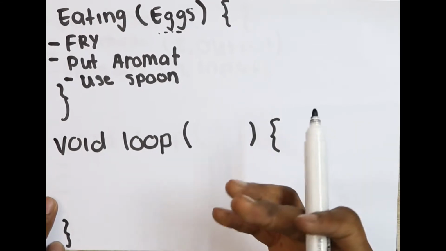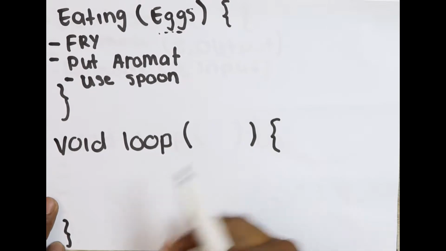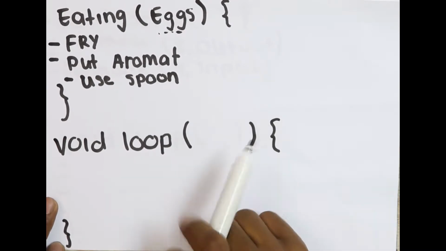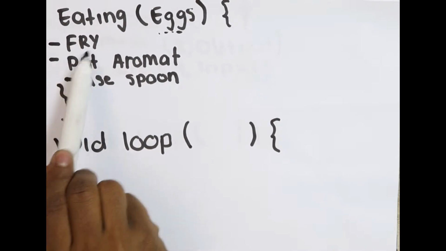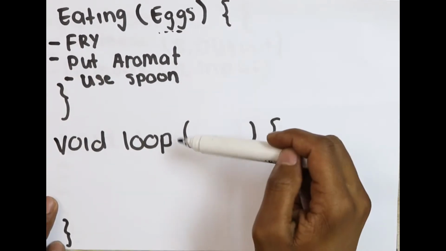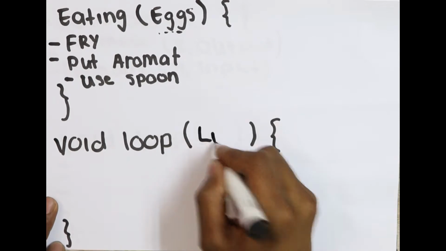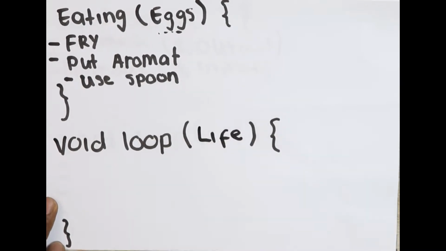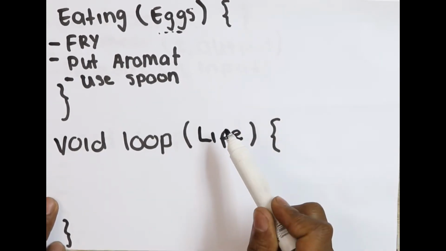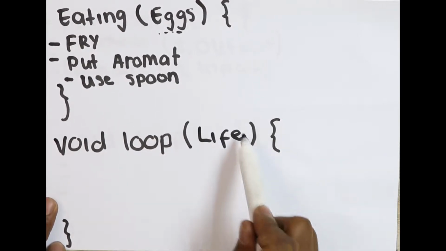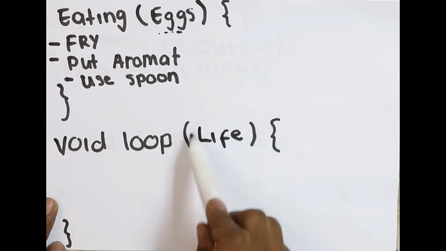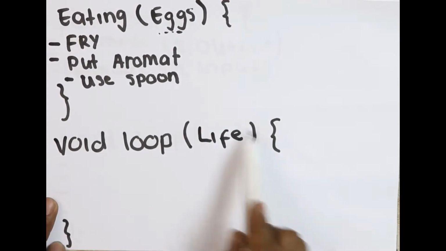So as a human, there are a lot of things that we do at the same time. I can tell you that I want you to continue eating eggs that are in this configuration for life. You could loop maybe for certain hours in a day, and then this specifies how I want the loop or this function to be configured.